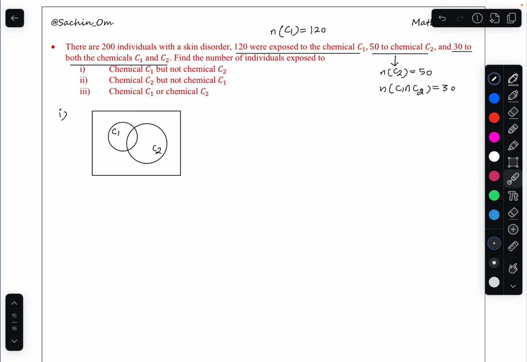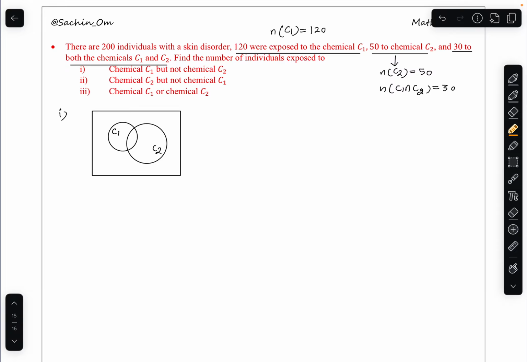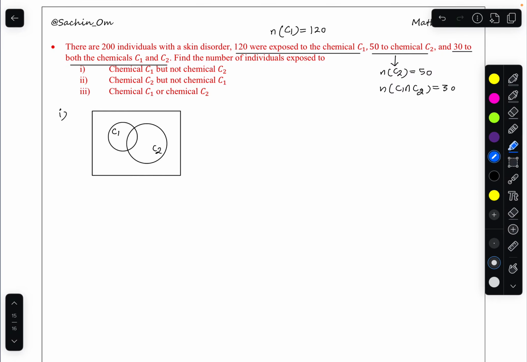The question says in the first one, find the number of people who were exposed to the chemical C1 but not the chemical C2, which means they are talking about C1 alone. So the region I'm looking at is the region for C1 alone, and C1 alone is this portion here. So this is the region I want to find.